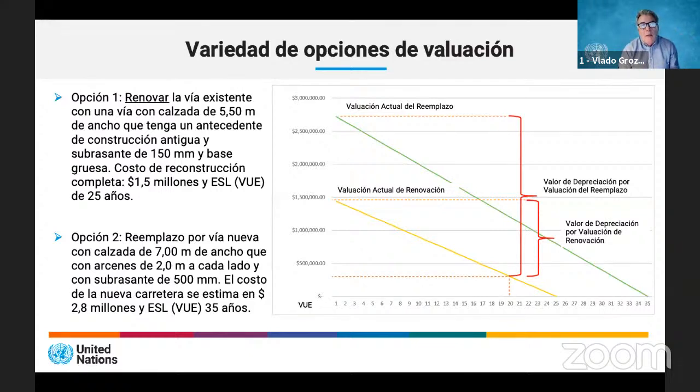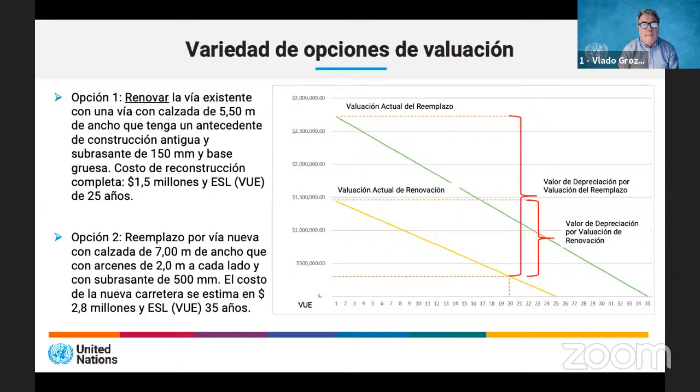Cost of complete reconstruction from today, if you can see on the slide where the 20-year period is, and if we go back to the yellow line, then we're going to see that the remaining estimated service life is 5 years.